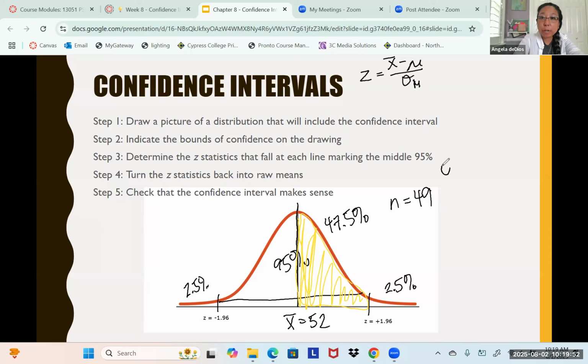So for our standard error, we have our population standard deviation over the square root of n. So our population standard deviation was 9. Our sample size was 49. Right, so my standard error is 1.29.